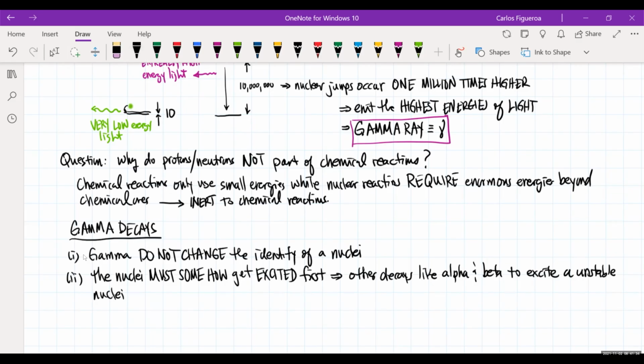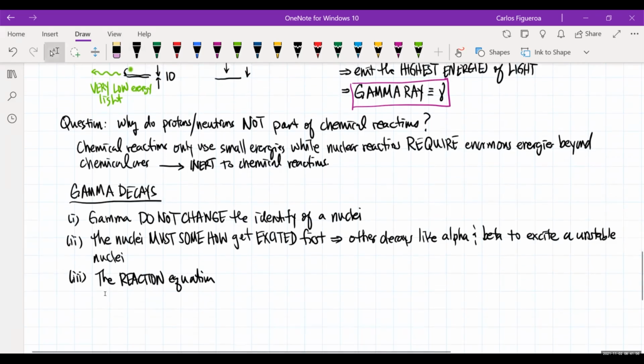So then how do I write this? Okay, I'm trying to organize it. And so what you find here is that this is the reaction equation. The reaction equation goes like this.